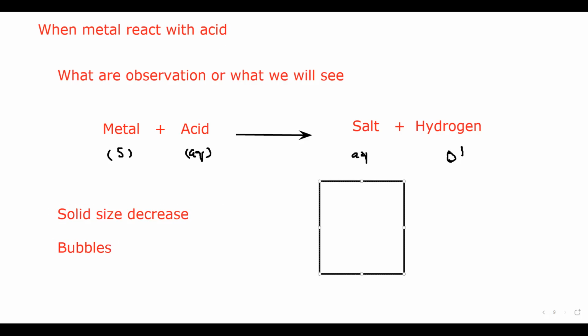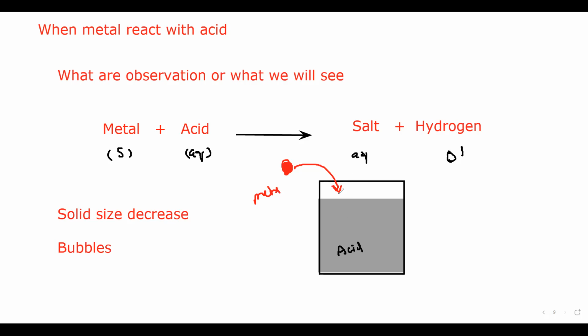Like for example, you have a container, a solution that is having acid, and you add a piece of metal. Metal is solid. Like this is representing a piece of metal. So the moment you add the metal, metal will react with acid.